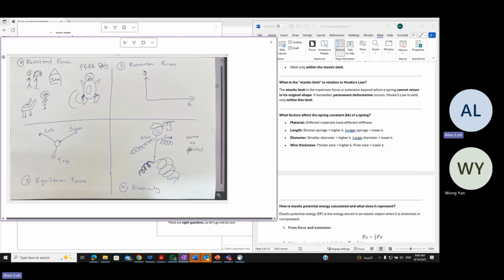Your left arm is made of gold, your right is made of silver. This is to describe the material. Different materials. Gotcha. And your left arm is shorter, your right arm is longer. So this is to describe the length.